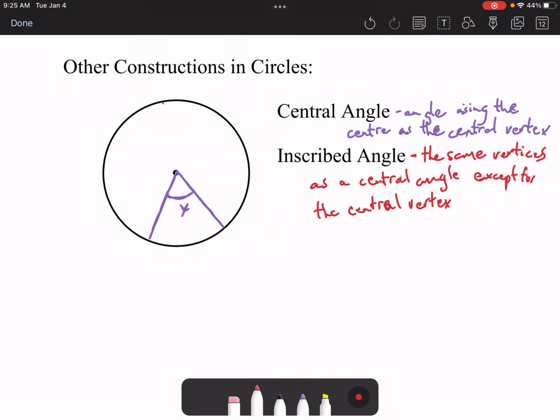So it takes any other point along the edge of a circle and shares the same vertices as the central angle. We'll call this angle y. Well, there is a relationship between the measurement x and the measurement y, and you can prove this for yourself if you like. What you'll notice is 2y is equal to 1x. Or, if you wish, y is equal to half of x.